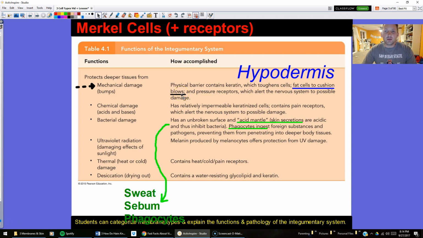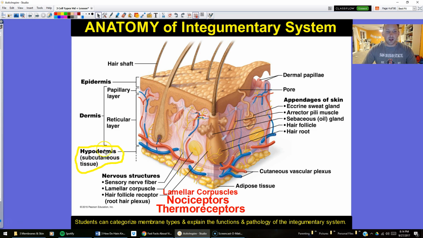When you're an offensive lineman, you want fat because you're getting hit really hard by really strong dudes. When you're a running back, you don't want fat because it can slow you down and decrease cardiovascular conditioning, but you do want some fat for cushion, to decrease the damage of blows. So that's a huge part, a huge function. That's one element of preventing mechanical damage, is this deep adipose tissue.